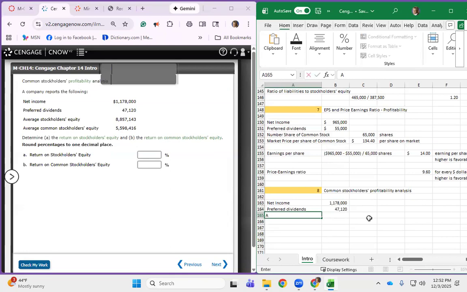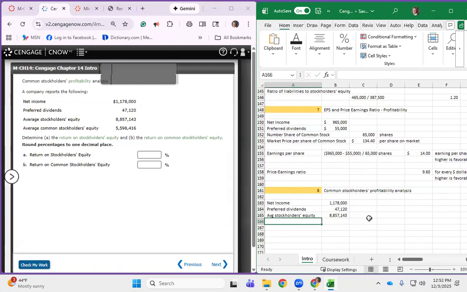Then we have to find the average stockholders' equity, and there's a calculation to that, but they're giving it to us now. If you have to find it, the back pages of the chapter tell you how.